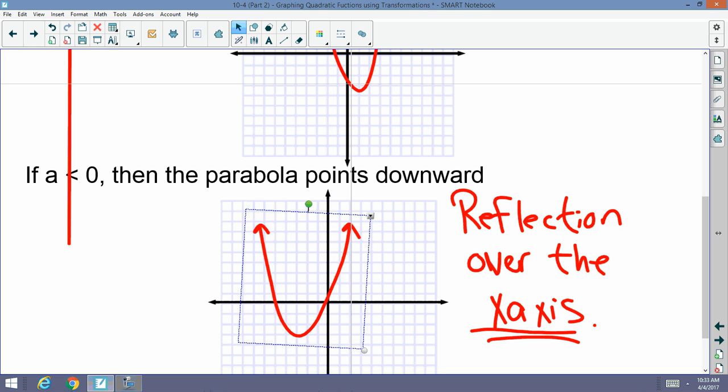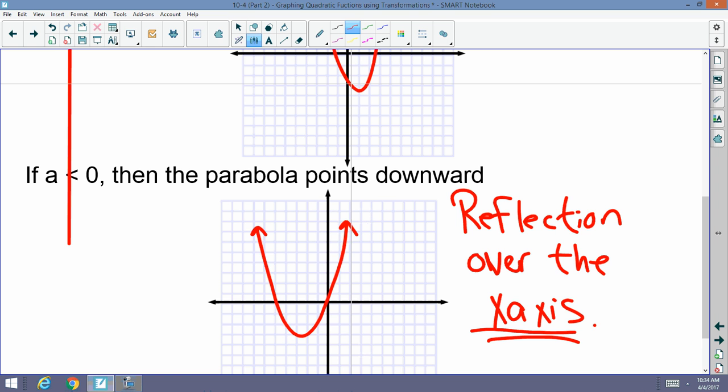It's a reflection. So, for example, this point right here is (-3, -3). When I reflect that over the x-axis, the y is going to change. Watch what happens.